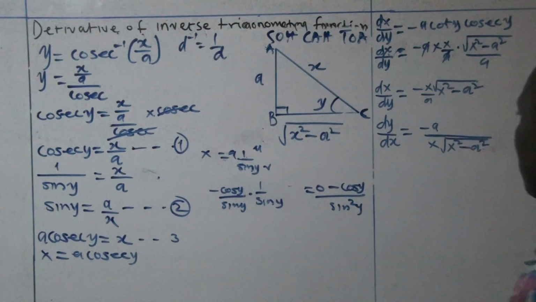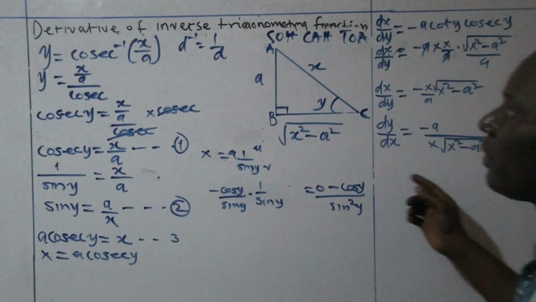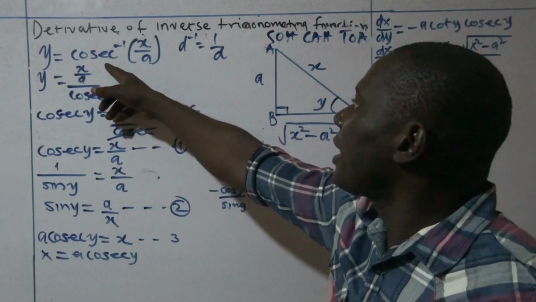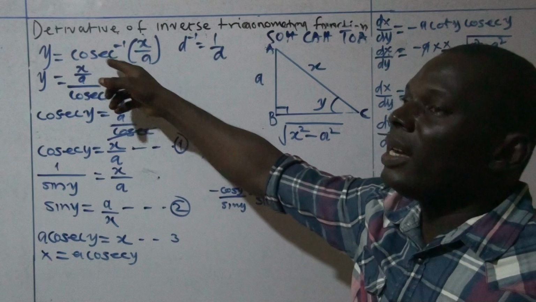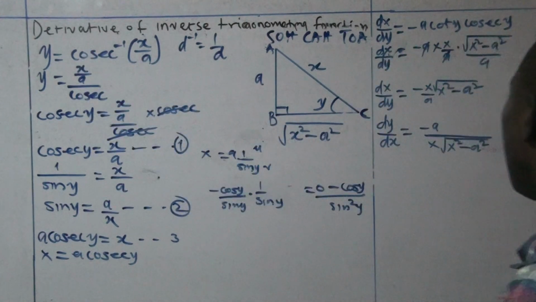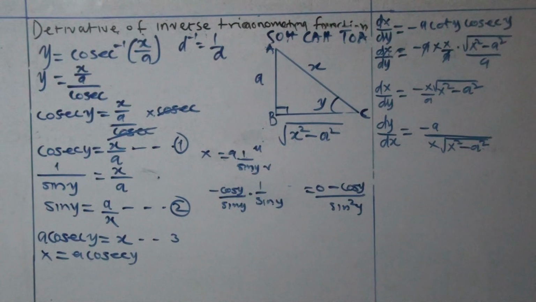So this is the derivative of arc cosec. If you are looking for the derivative of the inverse trigonometric function of cosec, the formula is minus a divided by x times the square root of x square minus a square. That is the simple derivation.